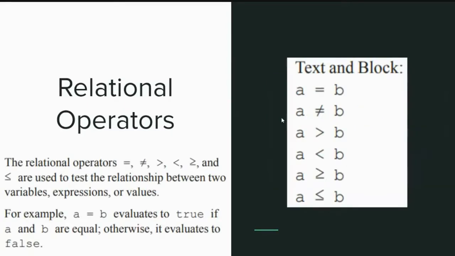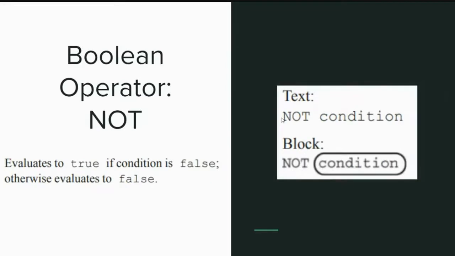Then relational operators: when you're checking two variables, you compare them to each other: equals, not equals, greater than, or less than. The not condition: if it's not whatever you're checking, it'll evaluate to true if the condition is false, right? Otherwise, it says this is false, because you're checking not if the condition is true.